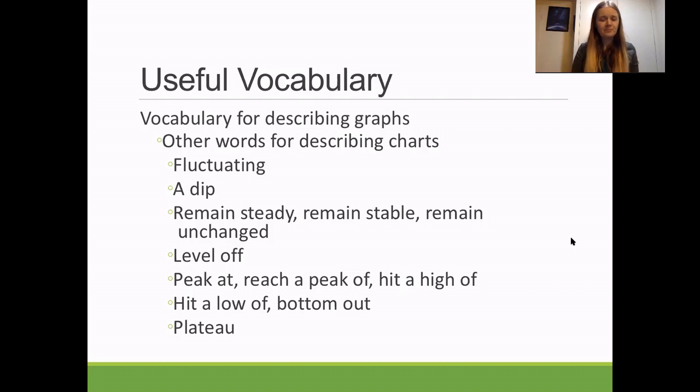Peak, reach a peak of, or hit a high of, hit a low of, or bottom out. Plateau is when it becomes flatter if you're looking at a trend. So those are some words that you can add into your vocabulary so that you're prepared to talk about charts.